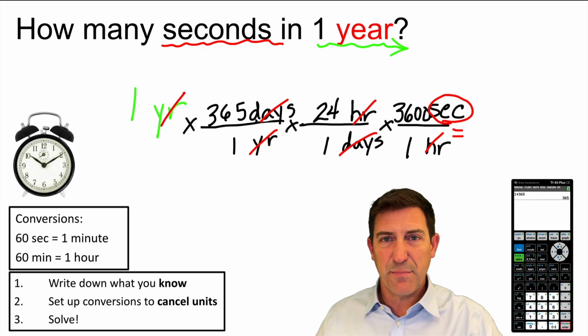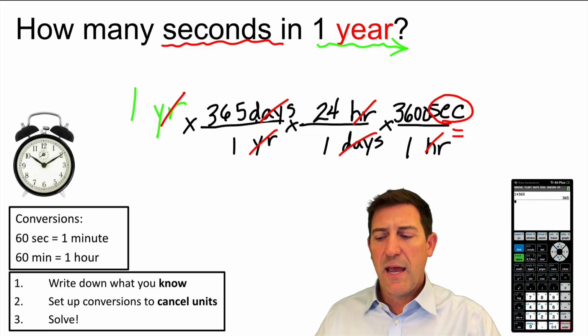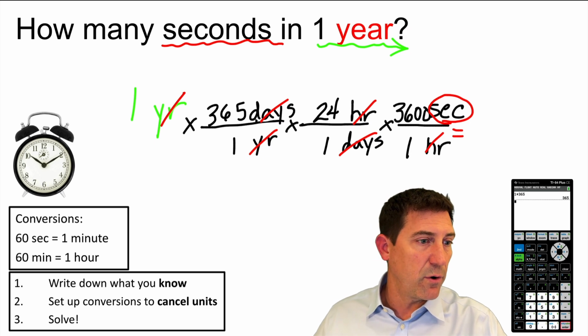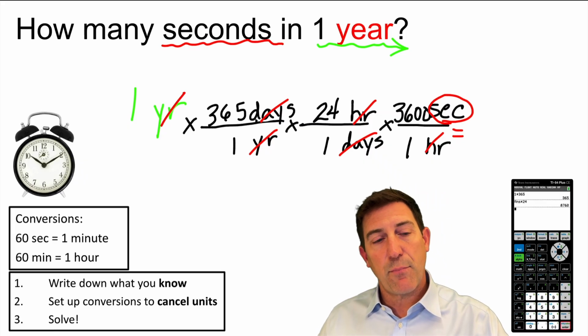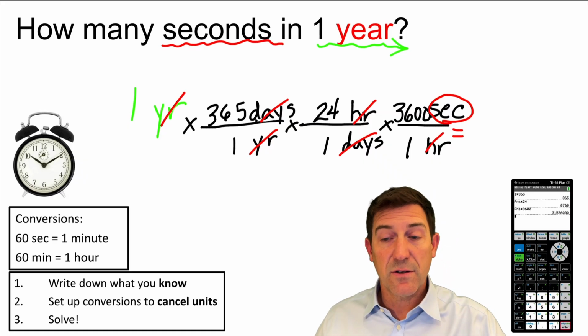I always hit enter because I don't need the calculator during order of operations in a way I don't want it. And at this moment, then we're right here, okay? Let's take all of that times 24. Enter, because why not? Then I take everything up to that point times 3,600 and I hit enter. And there's my answer.